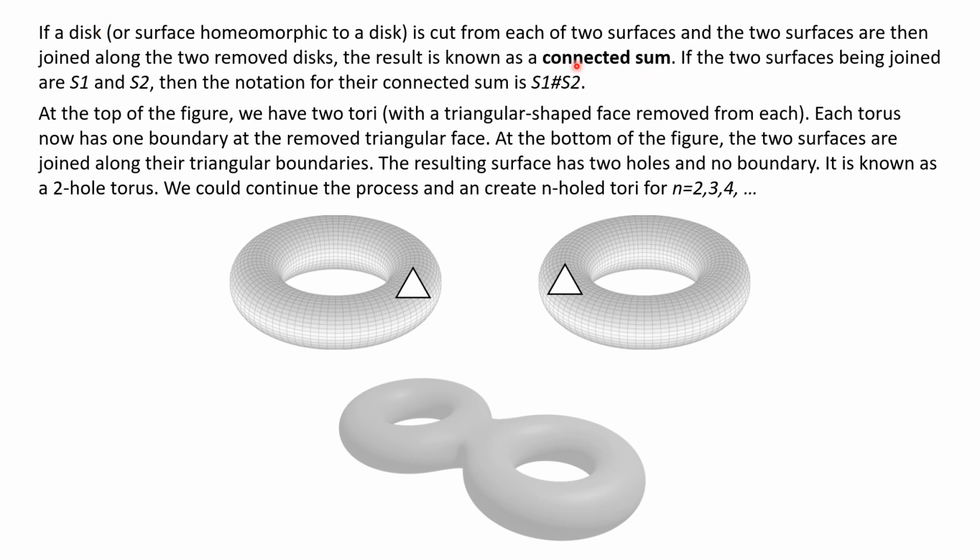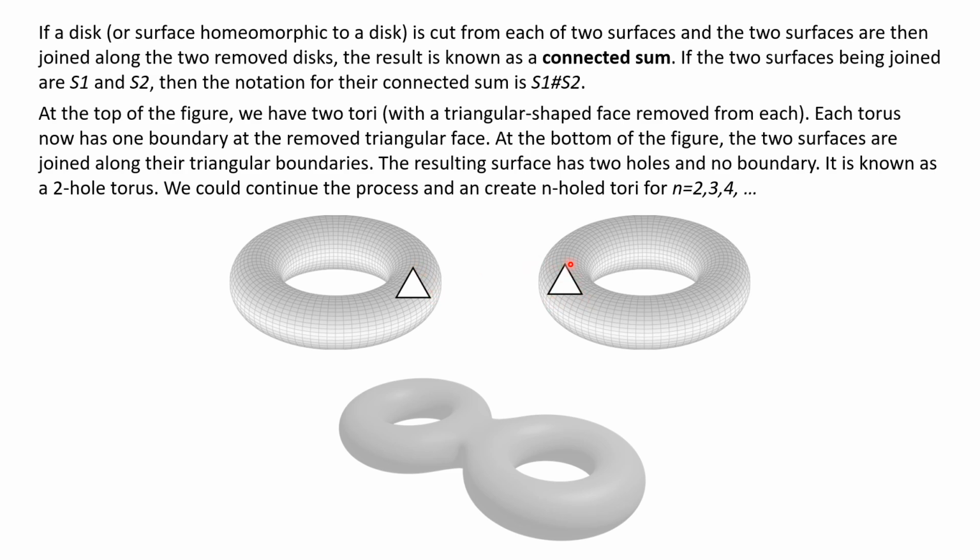So I want to talk here about something called a connected sum. Let's look at an example. You have two tori here, and you can remove anything, make a cut, anything that's homeomorphic to a disk.